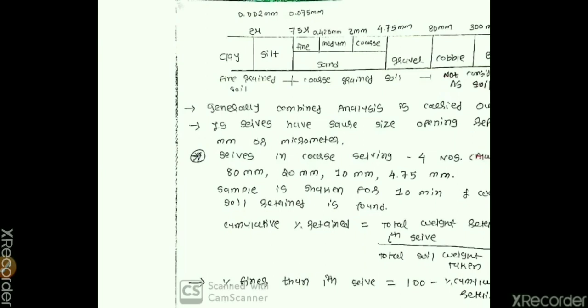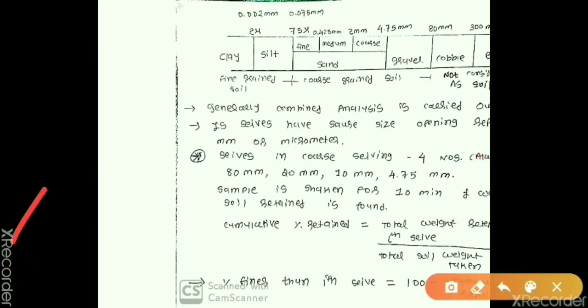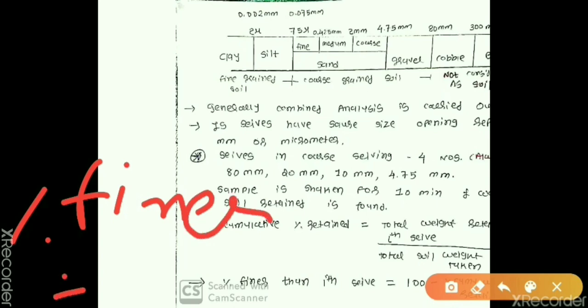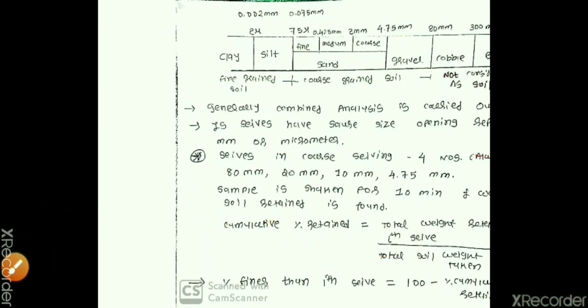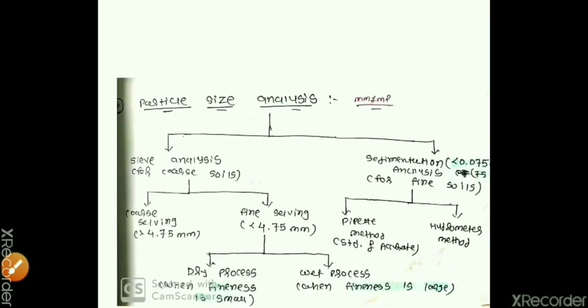The cumulative percentage retained plus the percentage finer than the ith sieve is equal to 100, so percentage finer is equal to 100 minus the cumulative percentage retained, because the total summation is 100%, the total weight taken.